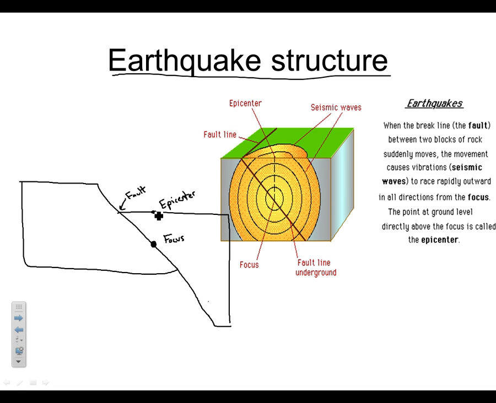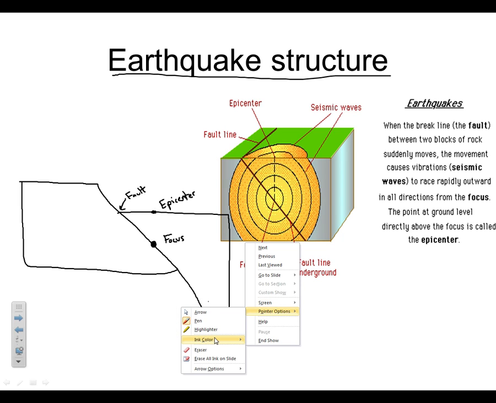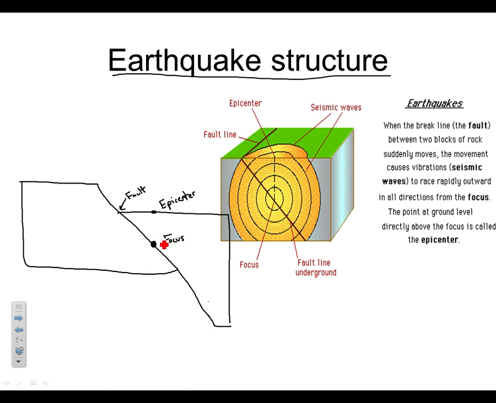Well, why is a lot of damage at the epicenter and not at the fault? It's because the earthquake also gives off seismic waves. So let me change my color. The focus is where it starts, so then we're going to have waves that radiate out from the focus. And where is the first place that these waves are going to hit the surface?